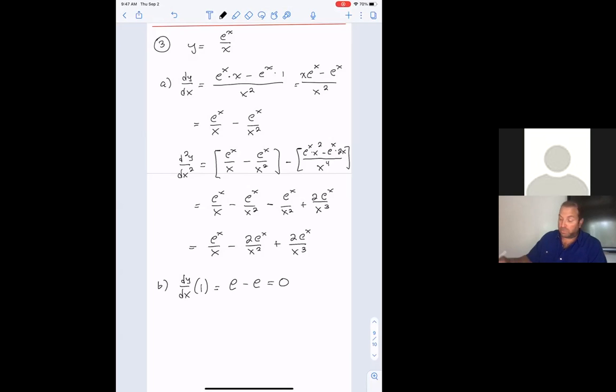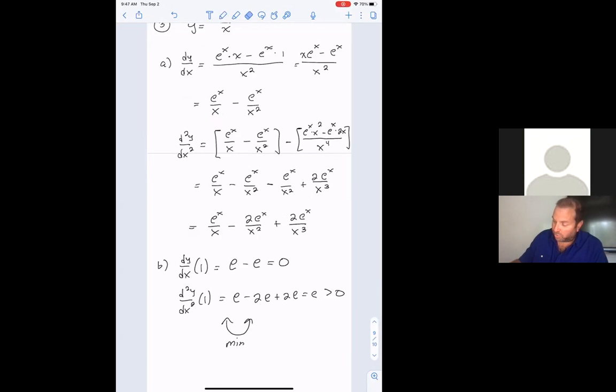How do I know that it's a minimum? Well, if I plug it into the second derivative, I better get a positive number so that it's concave up and it's a minimum. E to the 1 over 1 minus 2 e to the 1 over 1 plus 2 e to the 1 over 1 gives me e, which is positive. So it is concave up, and therefore it is a minimum.